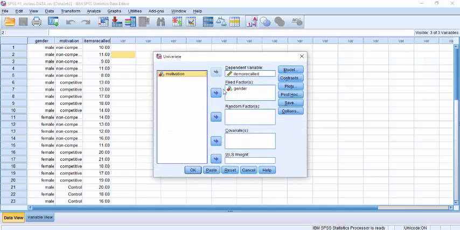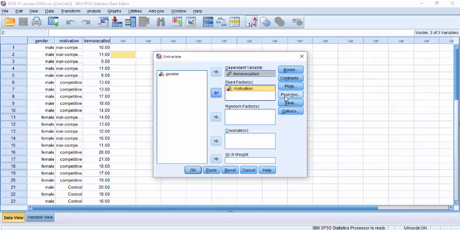And we see here that our dependent variable is going to be items recalled. So we put that in the appropriate box. And there's no box for independent variable, but SPSS shows that as fixed factor, or fixed factors. So we highlight our independent variable, in this case motivation, and put it in the fixed factors box.